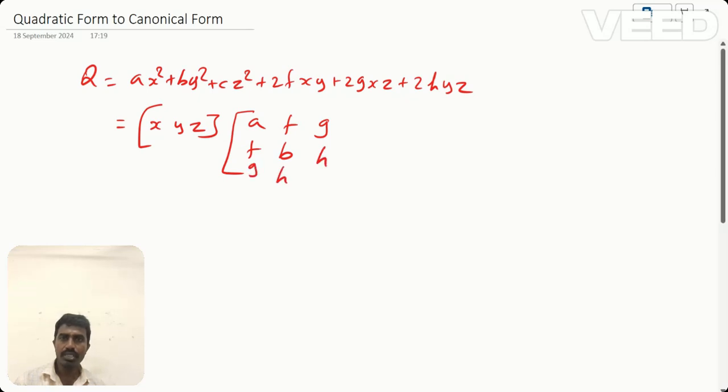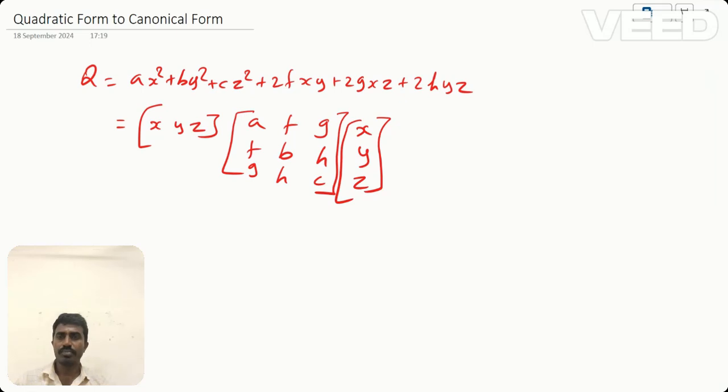So here also g, h, and finally the coefficient of z square is c. So this is a symmetric matrix. And finally write the variable matrix as a column matrix. If you multiply these three matrices, then you get the quadratic form.